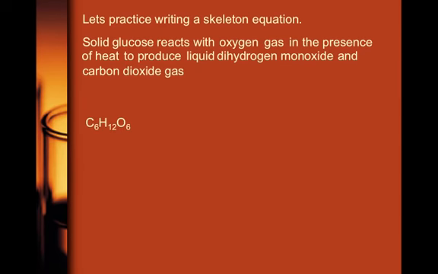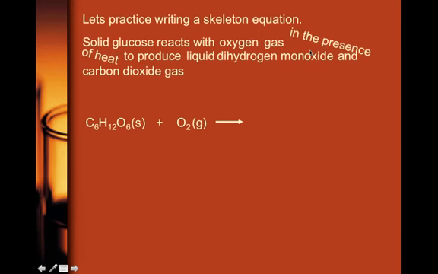So for example, glucose, and there's your formula for glucose, C6H12O6. It's the solid form, so we'll put an (s) after it. It is going to react with, so that's a plus symbol, oxygen gas, so O2 and (g), to produce, that's our arrow, but it's going to do that in the presence of heat.